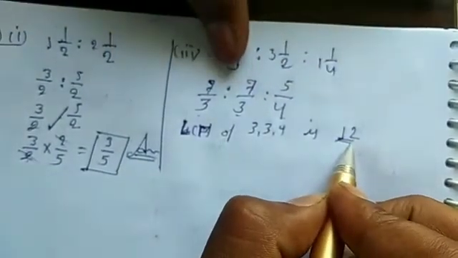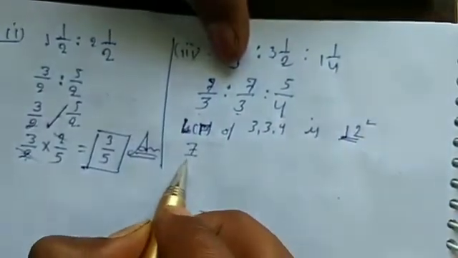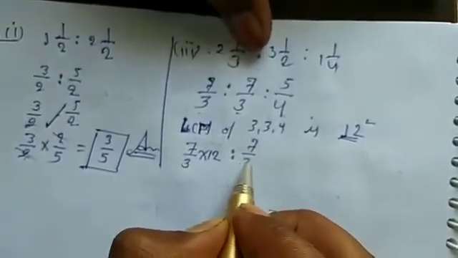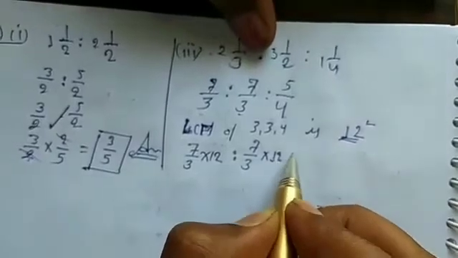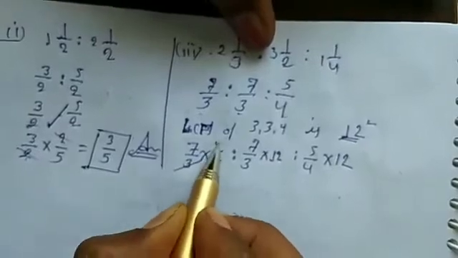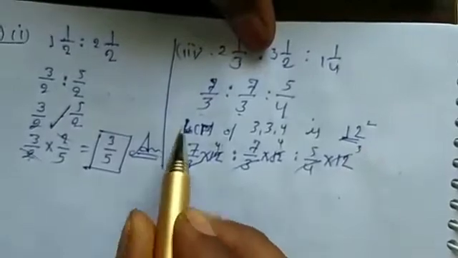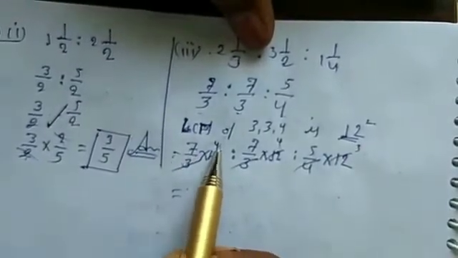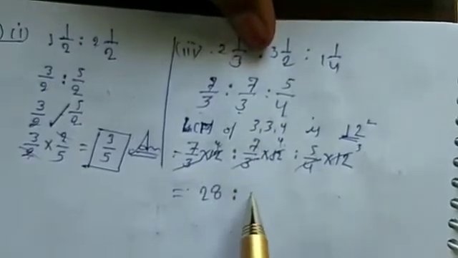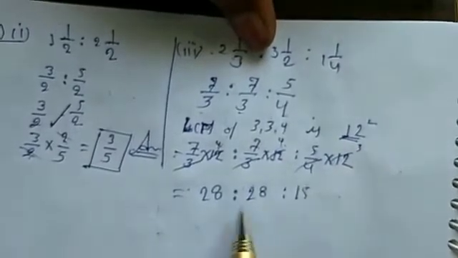Now we multiply all the terms by 12. This is 7 upon 3 multiply by 12 ratio 7 upon 3 multiply by 12 ratio 5 upon 4 multiply by 12. 3 4 are 12, 5 3 are 15. Simply solve this. It will be 7 4 are 28 ratio 7 4 are 28 ratio 5 3 are 15.